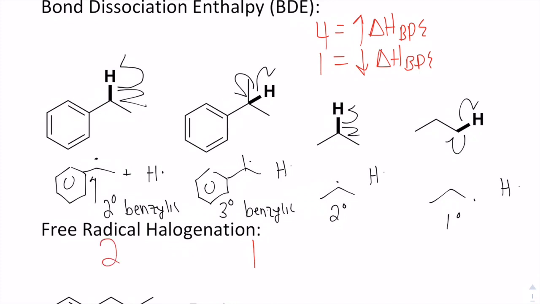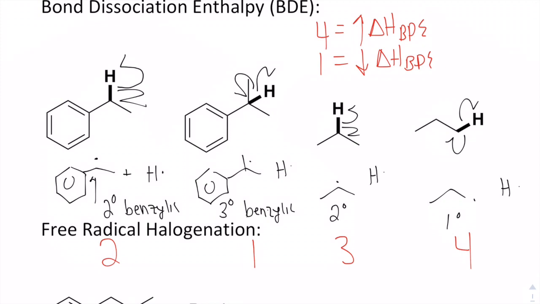Over here we have a secondary benzylic, so that would have the next lowest, followed by this one, and followed by this one. Bond dissociation enthalpy refers to how strong a bond is, and how stable that radical is going to be. So we have to make sure that we understand how to relate all of these terms together.